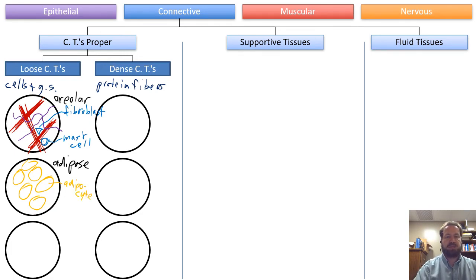Okay. In and among the adipocytes, you'll find some reticular fibers, which really look kind of brown. I don't have a brown ink on this drawing program here, so I'll use orange instead.